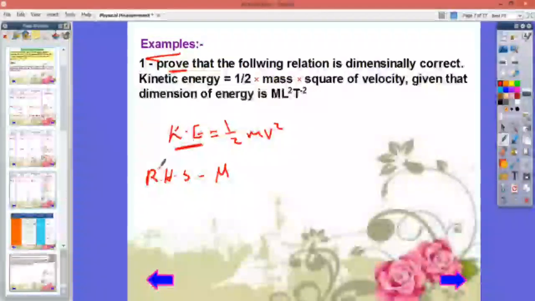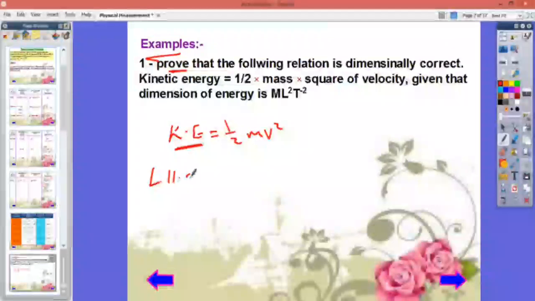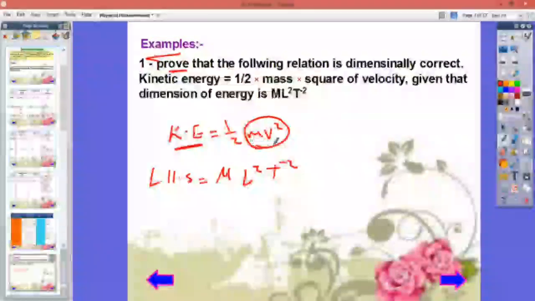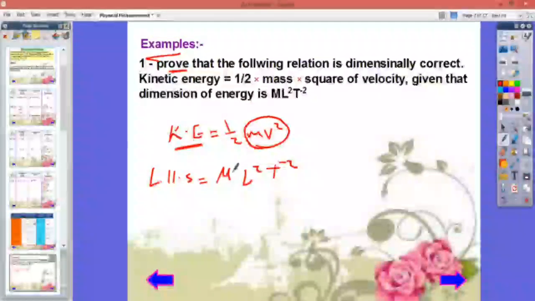Kinetic energy is the left hand side, equal to M L power 2 T power -2. If the dimensional formula of m v power 2 equals M L power 2 T power -2, the equation is correct. If it doesn't equal it, the equation is wrong.